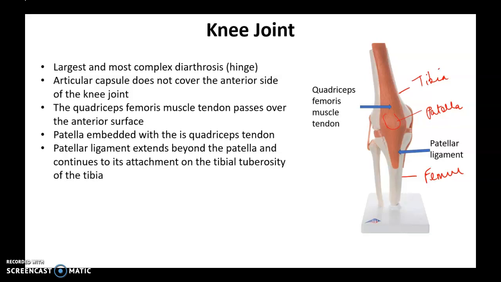So right here, this ligament that you see is the quadriceps femoris muscle tendon that passes over the anterior surface. Know that the patella is embedded within the quadriceps tendon, and the patellar ligament, which is shown here, extends beyond the patella and continues to its attachment on the tibial tuberosity of the tibia. So this part will be the tibial tuberosity, where the patellar ligament attaches.